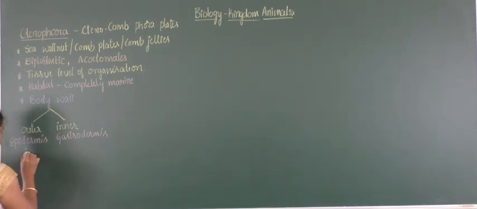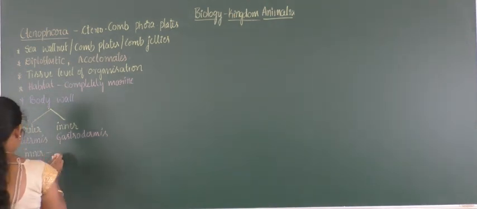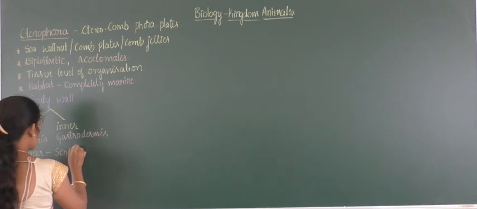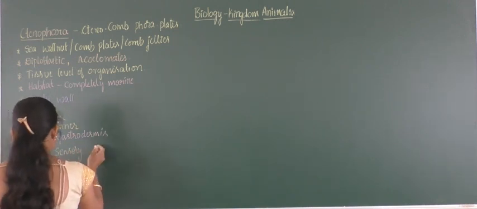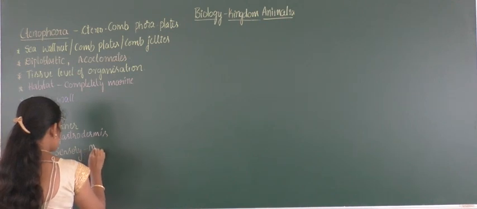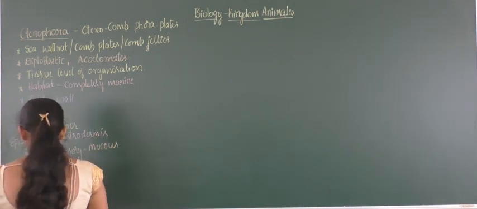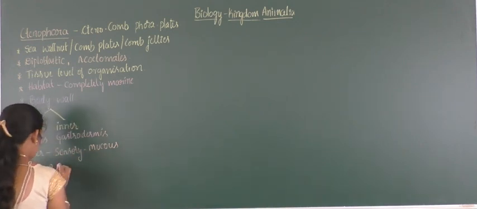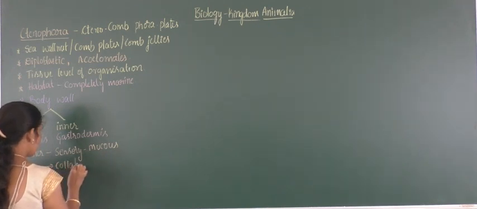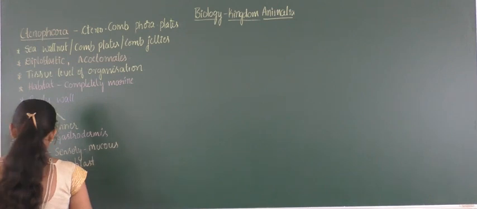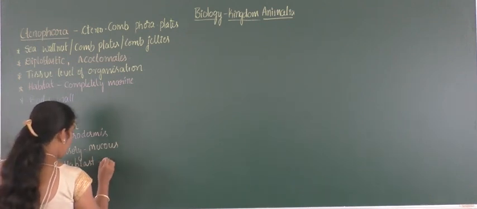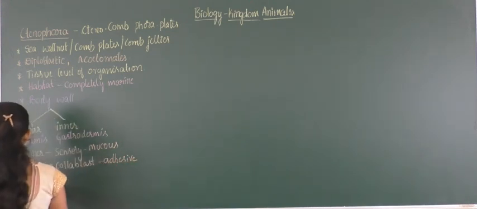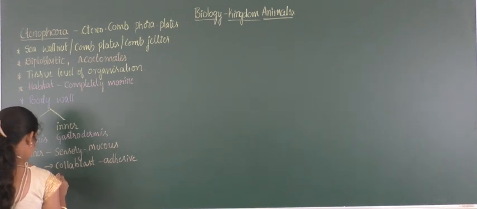The inner layer has sensory structures and mucus secreting glands, and special cells called colloblast cells. These cells have an adhesive property, and they help in capturing food.